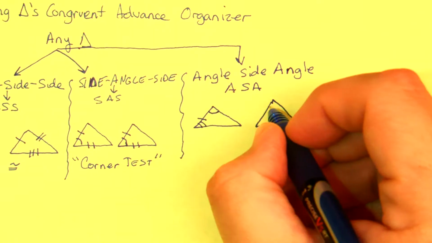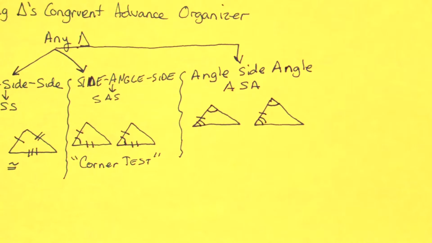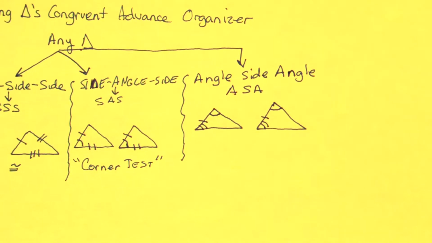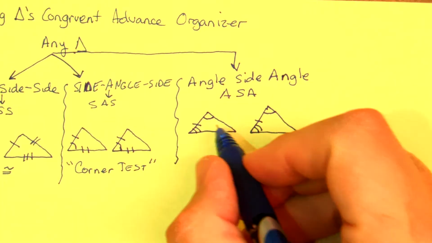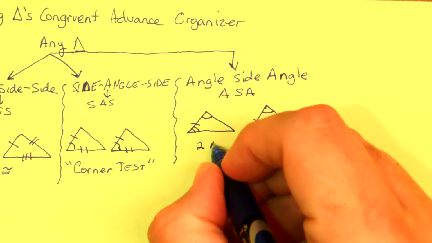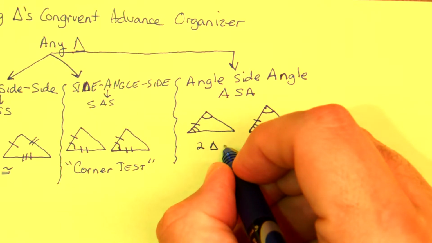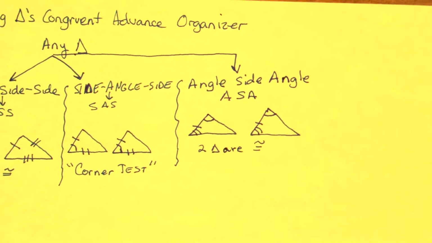An angle, a side, and an angle. That's all you need to prove that these 2 triangles are congruent. The 2 triangles are congruent in this case.